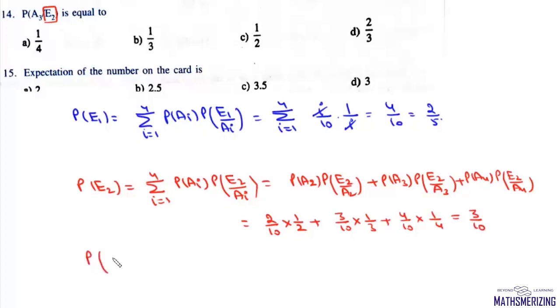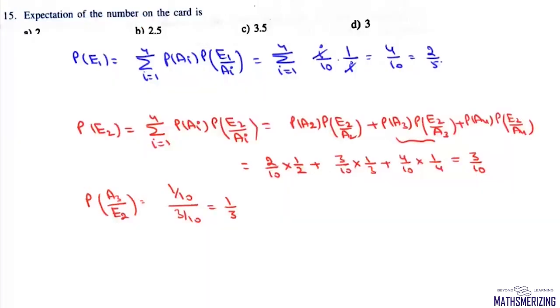Now we need to find the probability that if the card is E2, it has come from this third box. So we'll take this case in the numerator. So it will be this 1 by 10 divided by 3 by 10, which is 1 by 3, and that's your option B.